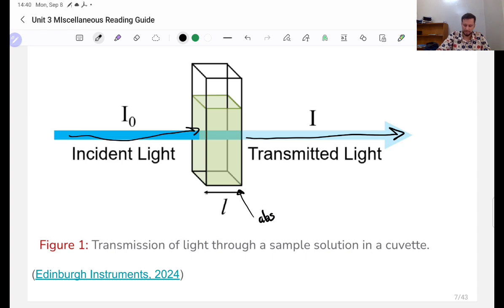Of course, the length of the container really matters because the longer you make this length, the more light gets absorbed and the less light gets transmitted. And so by measuring the starting light and the ending light, you can calculate what this chemical might be if it's unknown, or more likely, the molar concentration of the chemical in there by how much light it's absorbing.